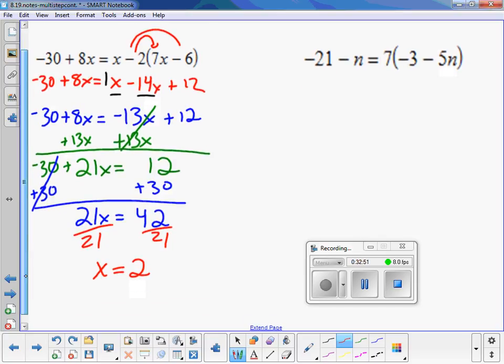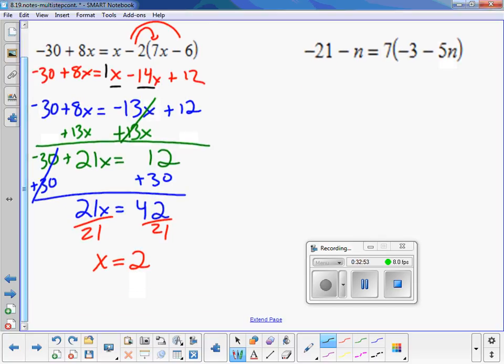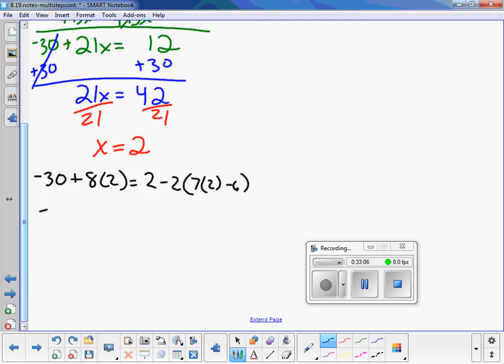So I am going to plug in and check. So I got negative 30 plus 8 times 2 equals 2 minus 2 times the quantity 7 times 2 minus 6. So in looking at this, I have negative 30 plus 16 equals 2 minus 2 times, well, I know that 7 times 2 is 14, right? So I'm going to have 14 minus 6, and that is 8, okay?